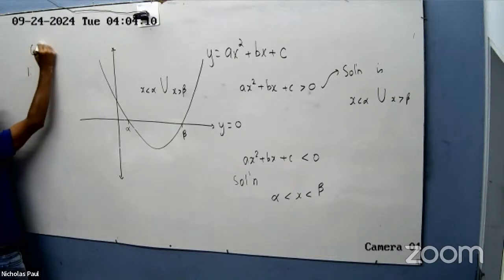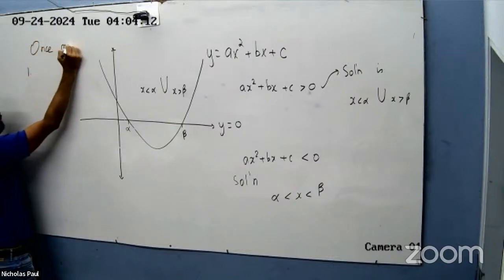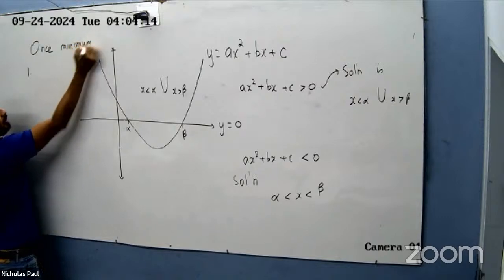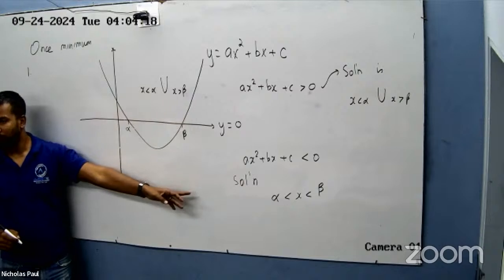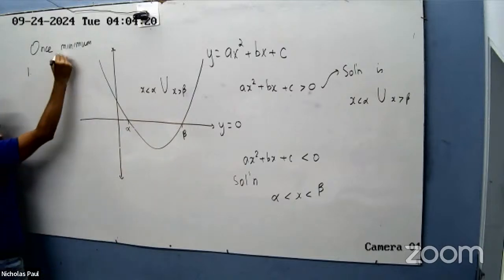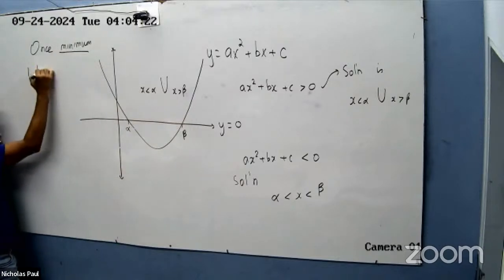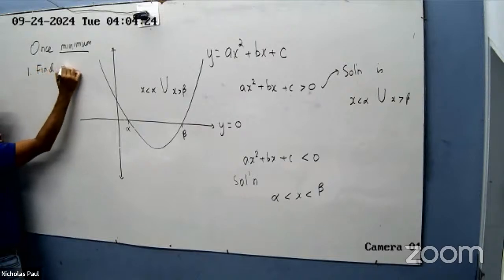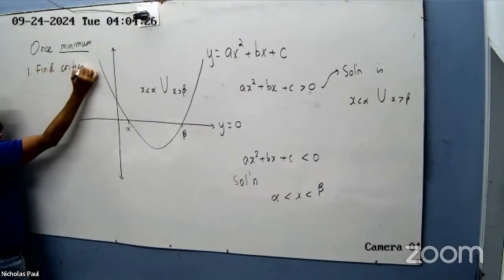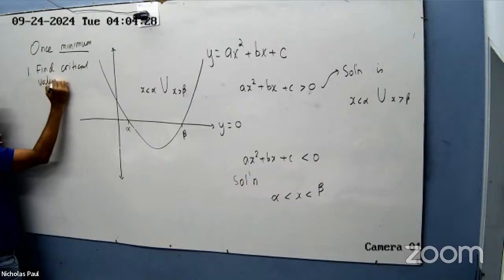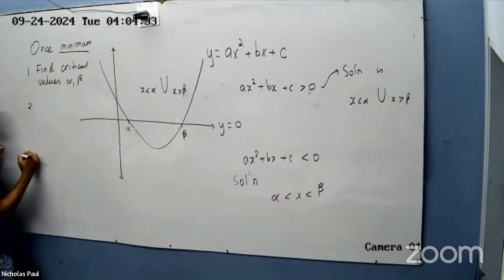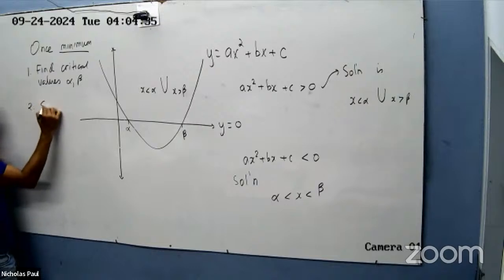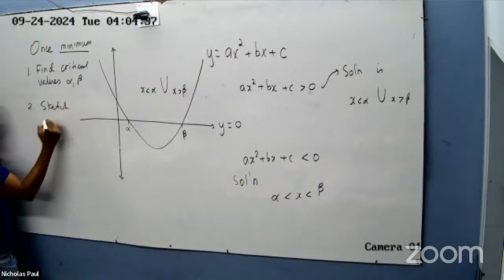So once minimum, because the rules will change if it's maximum. Step number one, find the critical values alpha and beta. Step number two, do a quick sketch.